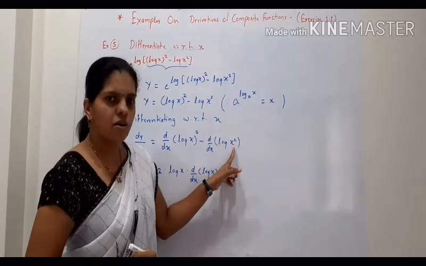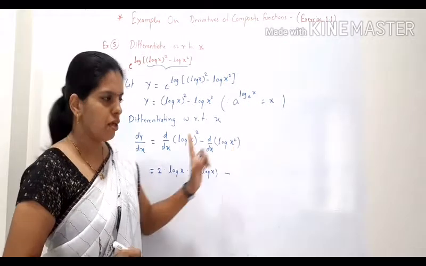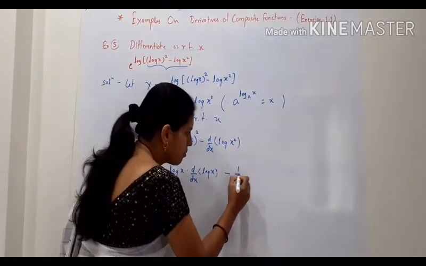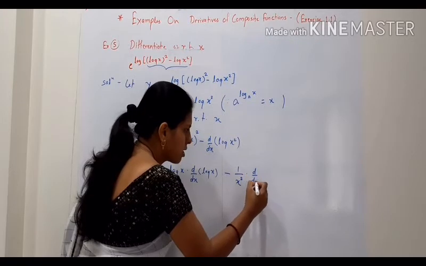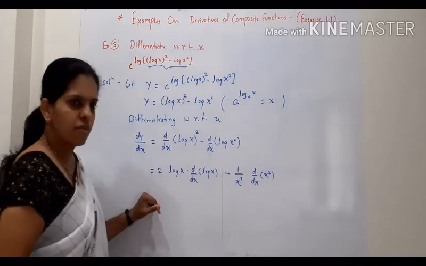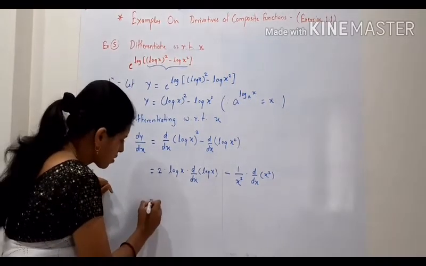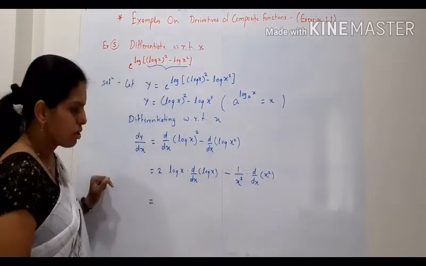So first, it is a logarithmic function, so the derivative of log x is 1 upon x. So instead of x, we replace it here with x^2 and multiply by the derivative of x^2, d by dx of x^2. So now in the next step, find the derivative of these two terms.